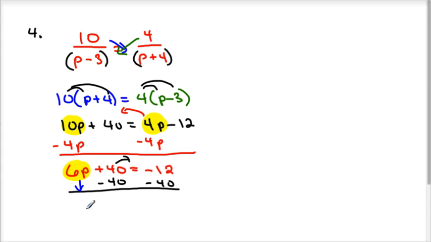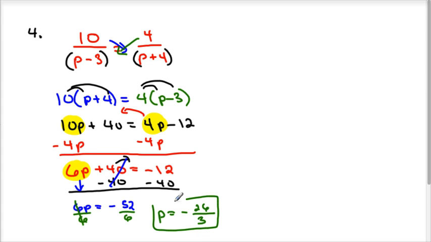Bring this down, so I now have 6p equals, positive 40 and negative 40 simplify, negative 12 minus 40. Watch your signs here, watch what you're doing. Negative 52. And then finally we're going to divide both sides by 6, and we have p equals negative 52 over 6, which simplifies. You can divide these both by 2, so we got negative 26 over 3, and that is my final answer.